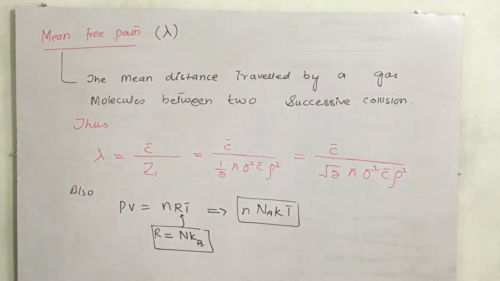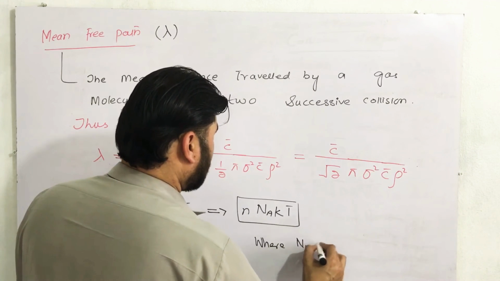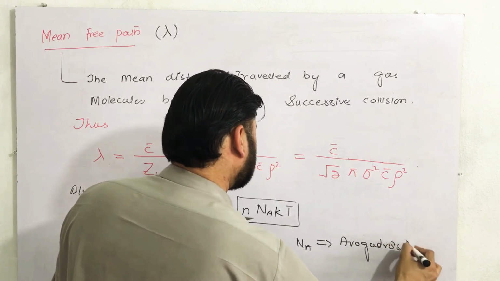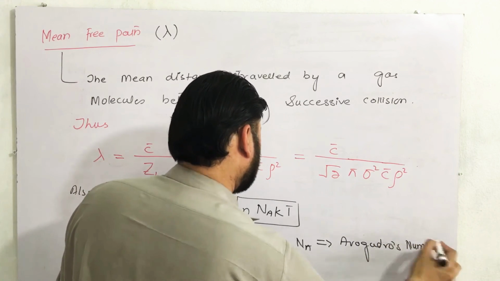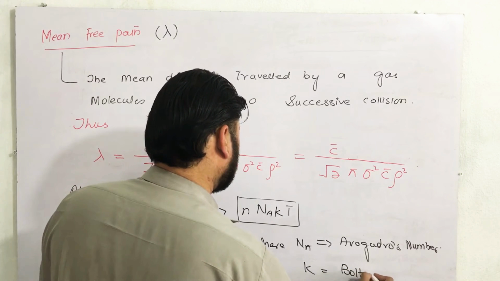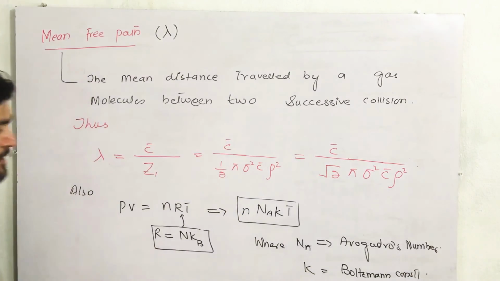Before putting this in the equation, let me introduce what is N A. N A is Avogadro's number, and K is called Boltzmann constant. This is the derivation of the small r. What is the gas constant?